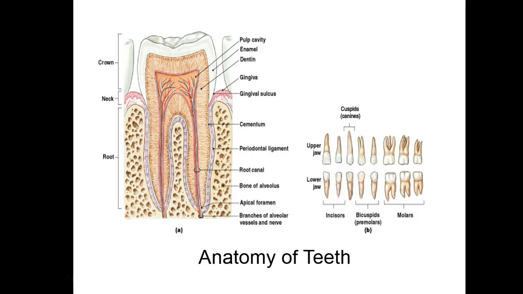It's filling the space so that bacteria, because you ingest a lot of bacteria, and there's a lot of bacteria in your mouth, doesn't get into areas where it can cause damage, like the blood vessel or the nerve. So those are the parts of the tooth.